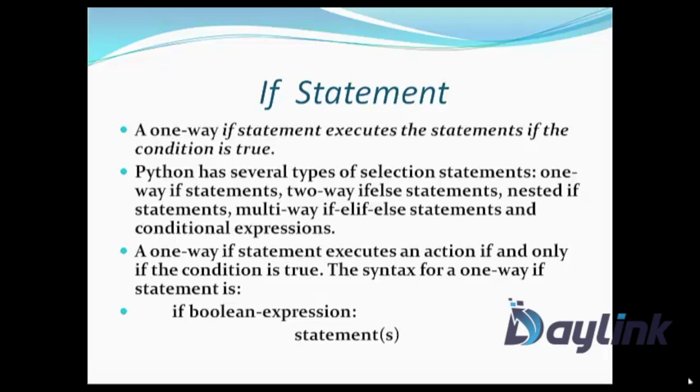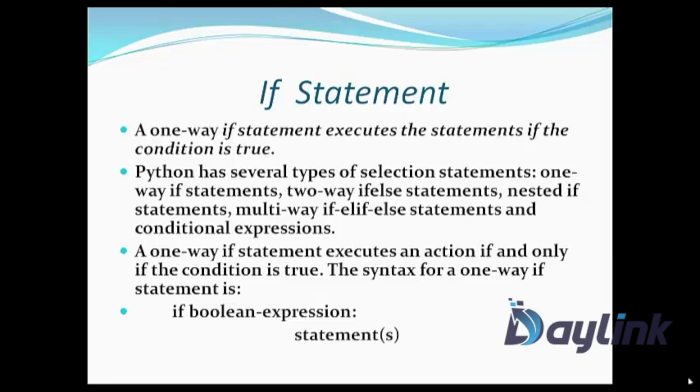First of all, we see the if statement. A one-way if statement executes the statements if the condition is true. Python has several types of selection statements: one-way if statements, two-way if-else statements, nested if-else statements, multi-way if-else statements, and conditional expressions. A one-way if statement executes an action if and only if the condition is true.